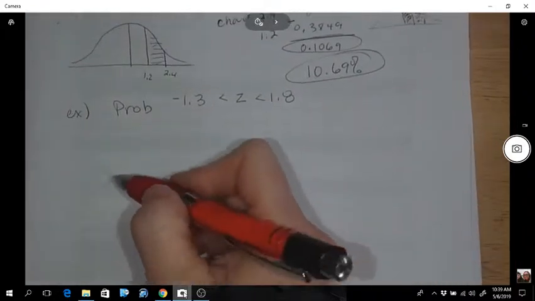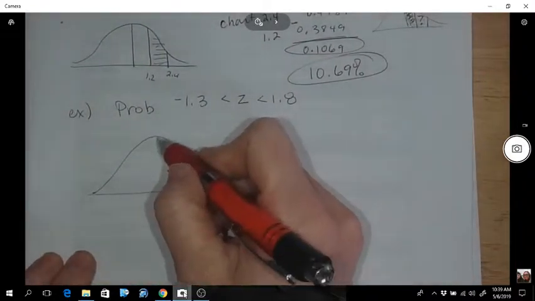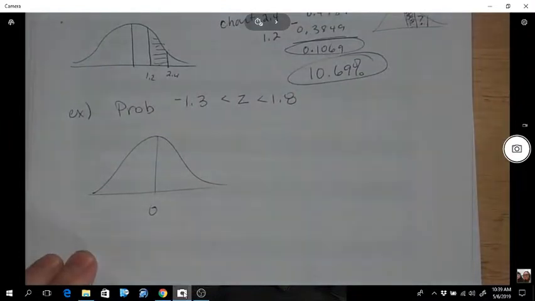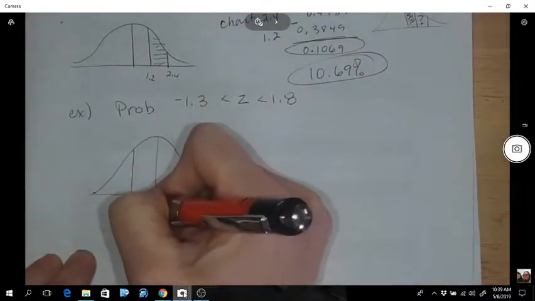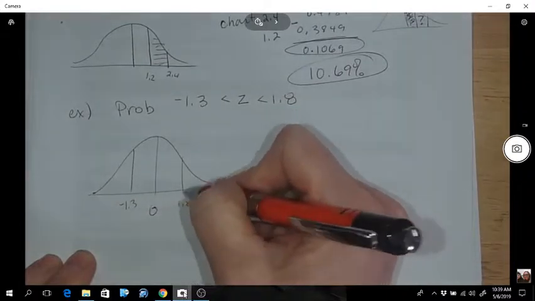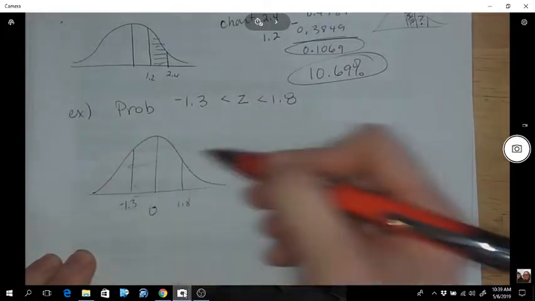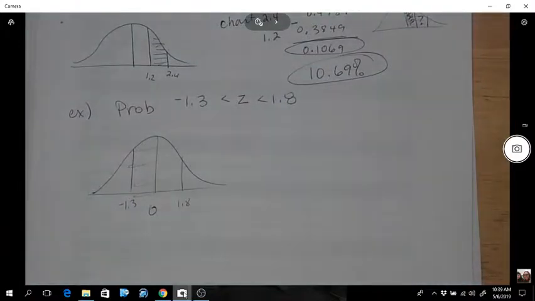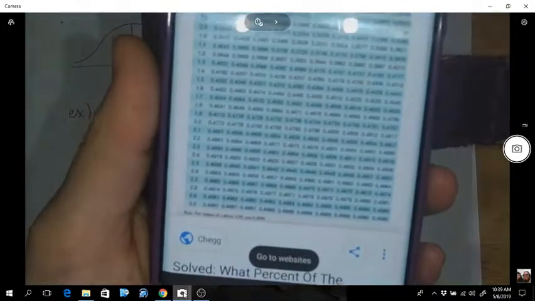Okay, and last one here. So here's our mean, 0, negative 1.3, and 1.8. And this is what we want to know, the percent probability to be between there. So we got to go to the chart. 1.8 is 0.4641.